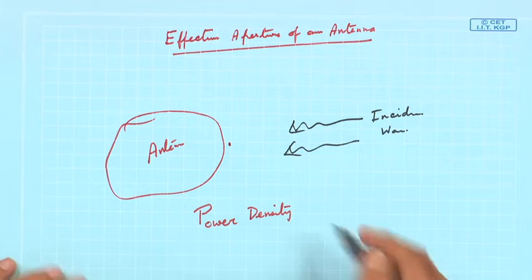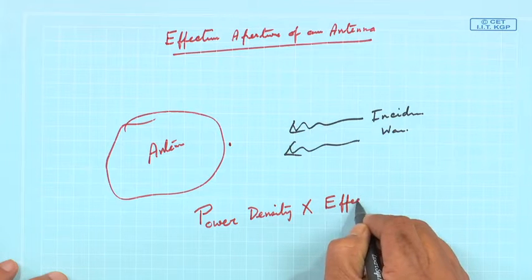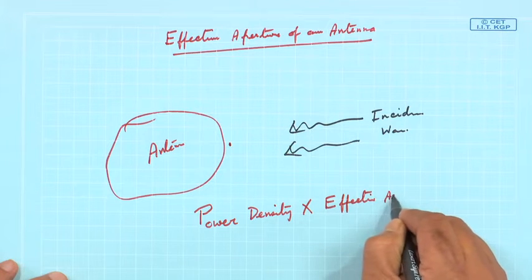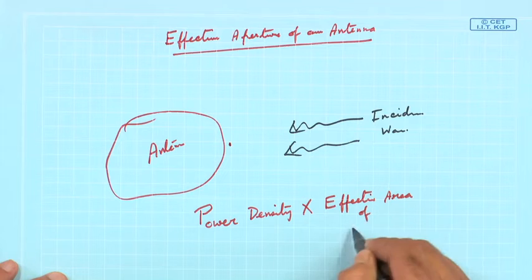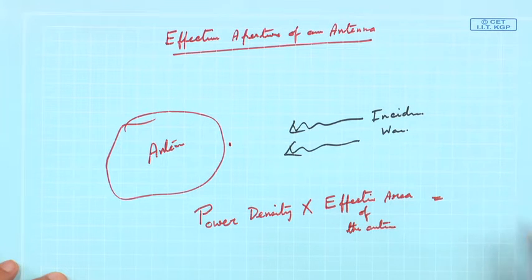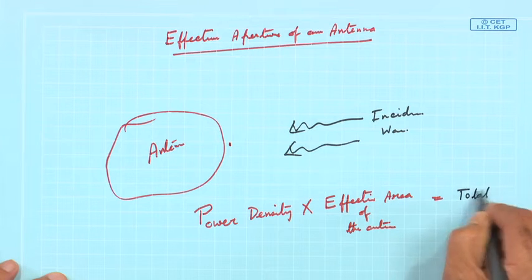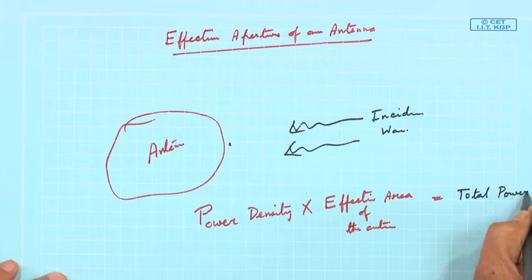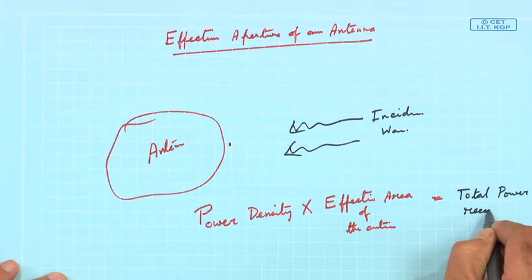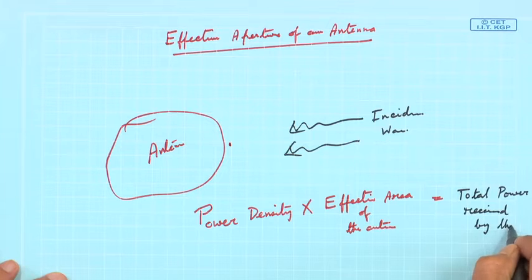Multiplied by the effective area of the antenna, that should give me the total power received, or extracted, by the antenna.